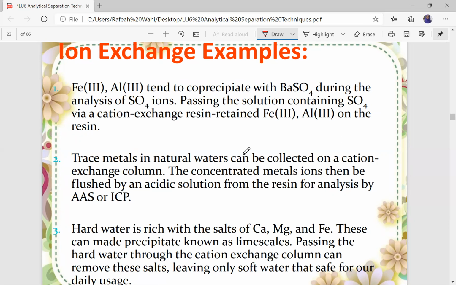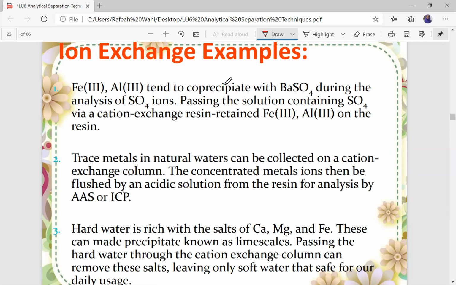Meaning that this is about a precipitation process whereby you have iron 3 and aluminum 3 which can co-precipitate with barium sulfate. We don't want co-precipitation to happen.